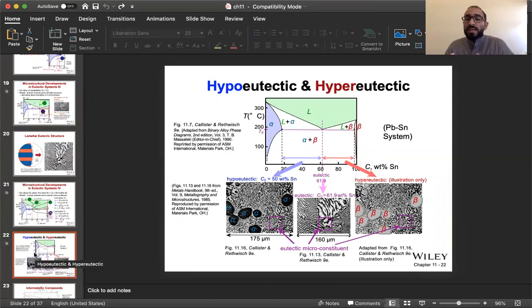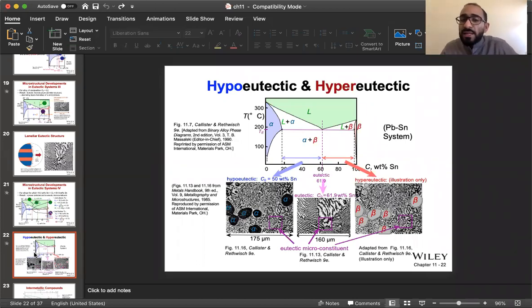So today we learned that there is a special reaction called the eutectic reaction, where the liquid transforms directly to two types of solid. So one liquid, if you cool it down, transforms to two types of solid, right? And if you melt these two solids, they transform directly to a single type of liquid.